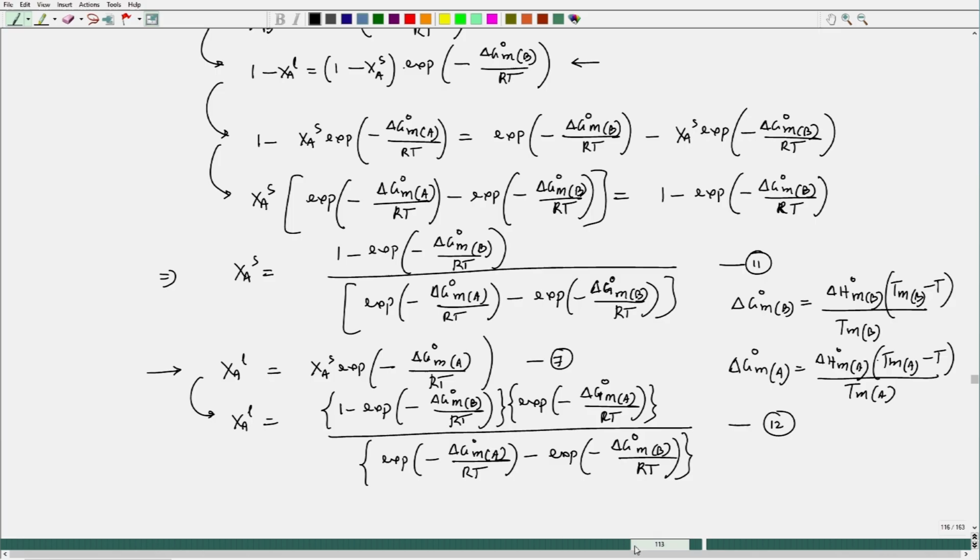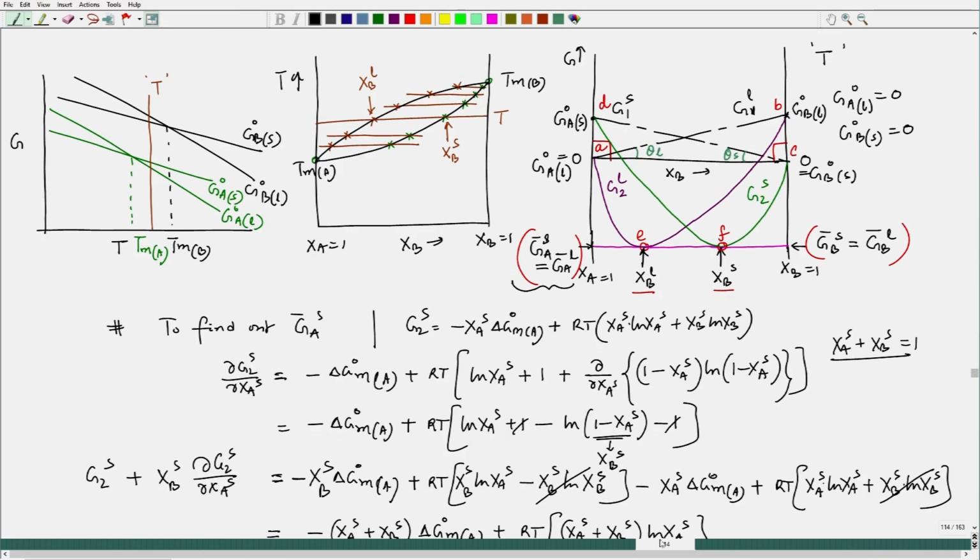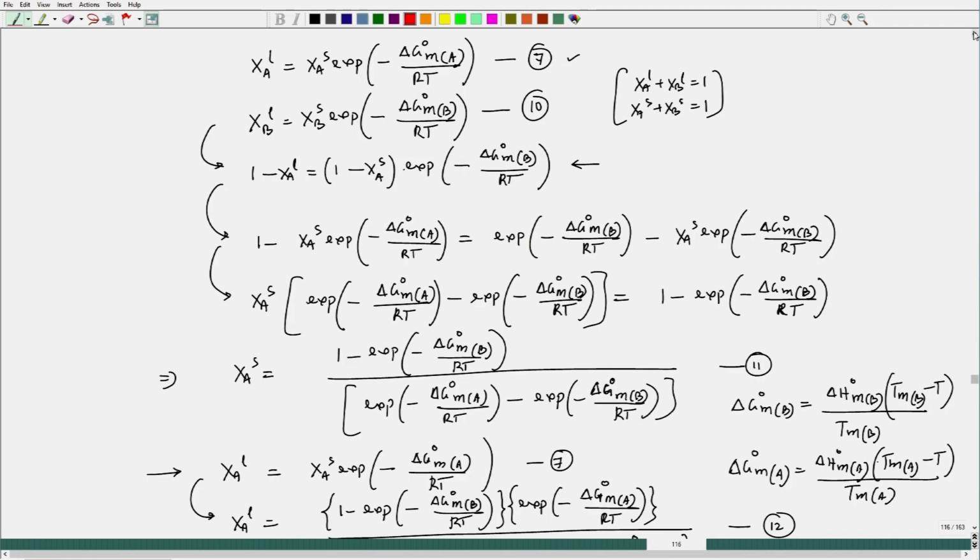So now if I come back to this particular figure, we have found out in terms of XAL, and we have found out in terms of XAS. We can also do it for XBL and XBS, and in order to do that you just have to operate with equations 7 and 10, where instead of operating with XAL and XAS, we do it with XBL as well as XBS.